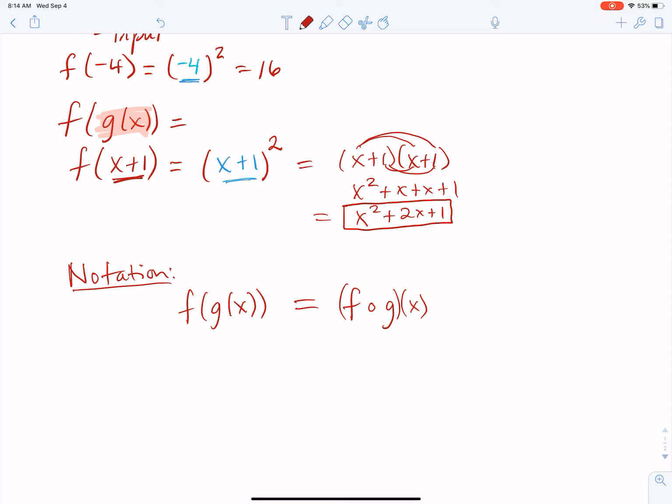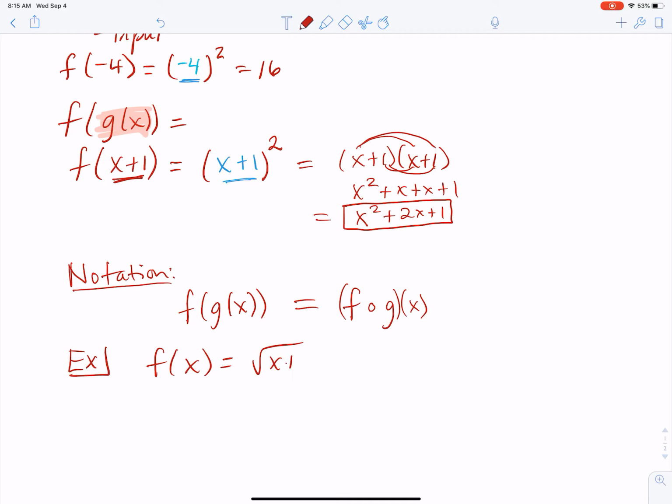Okay, so there's several different problems that you could do. You could have this with x's like what we just did. You could also have numerical expressions. So anytime you have these problems, though, you are going to be given functions. So let's do another one real quick.